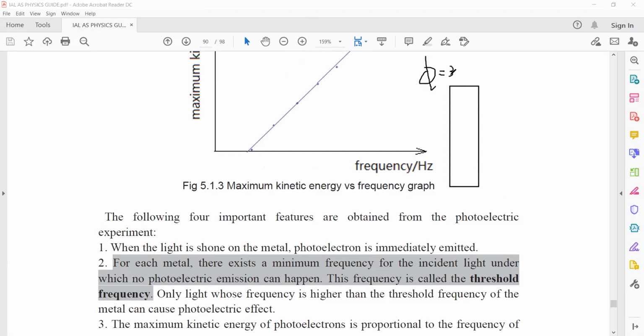If I say the work function is 30 joules and the energy of a photon is 20 joules, is there a photoelectric effect with this energy photon? Yes or no?